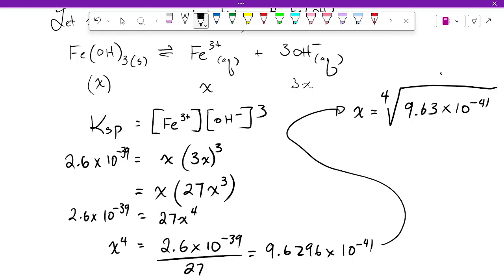Does everybody know how to take a 4th root on their calculator? Yes? Okay.